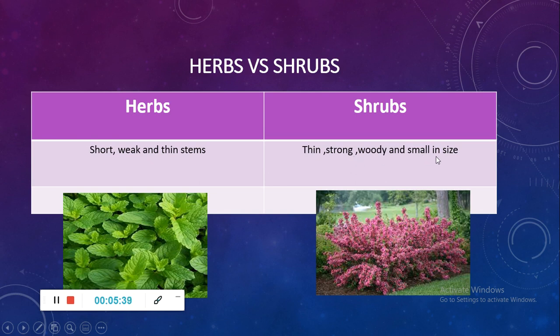They are small in size, but they are strong and can be woody. Look at the picture. This is a picture of mint, also locally known as podina. You can see its stems are very weak, thin, and short. While in this dwarf flowering plant, this shrub has strong and woody stems. They are small, but they have woody stems.